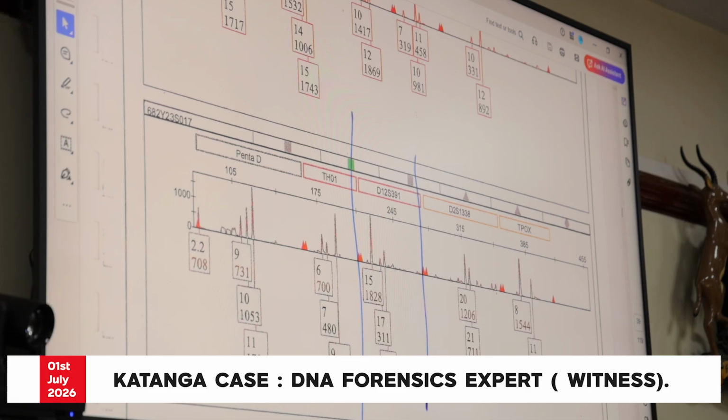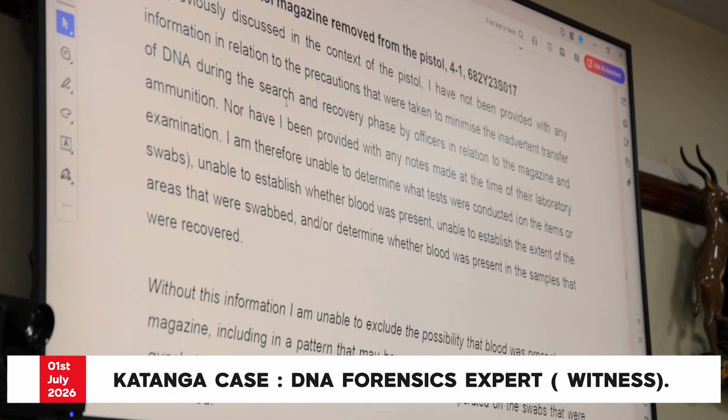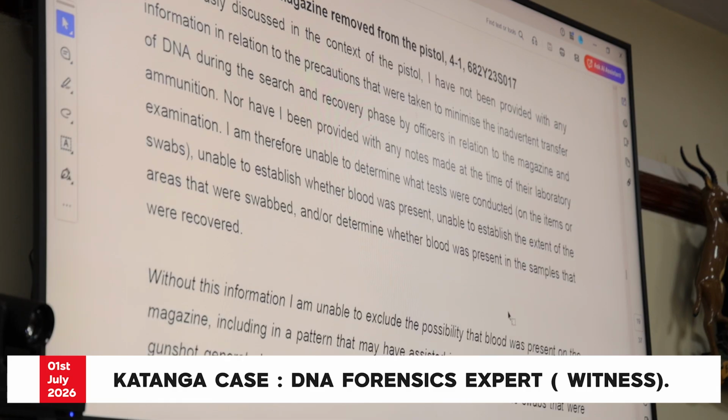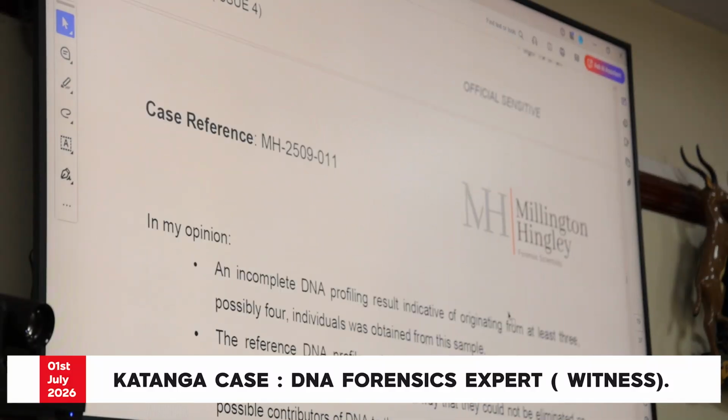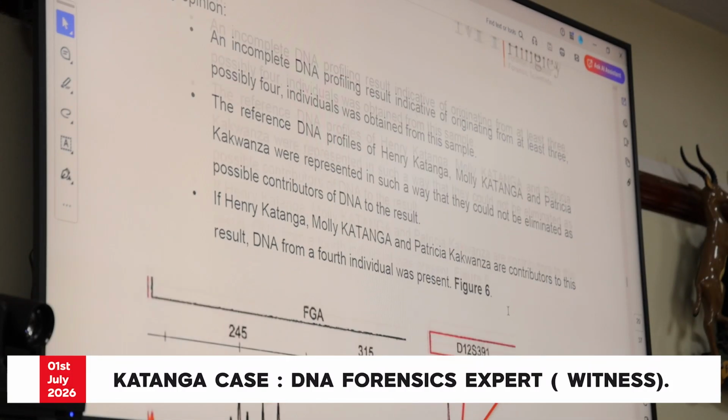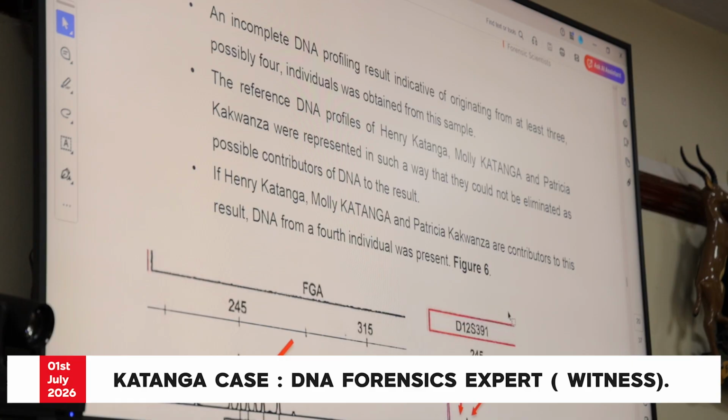Cindy, before I even come to the issue of major and minor, if it's a conclusion that it is a billion times more likely that Henry, Molly, and Patricia contributed other than an unknown individual, what would you comment about the accuracy of such a conclusion? In my opinion, I agree with the initial interpretation that it's not possible to eliminate Henry, Molly, or Patricia.